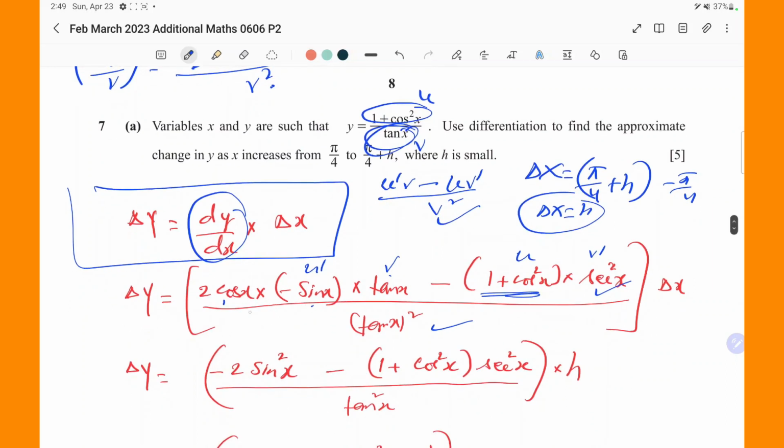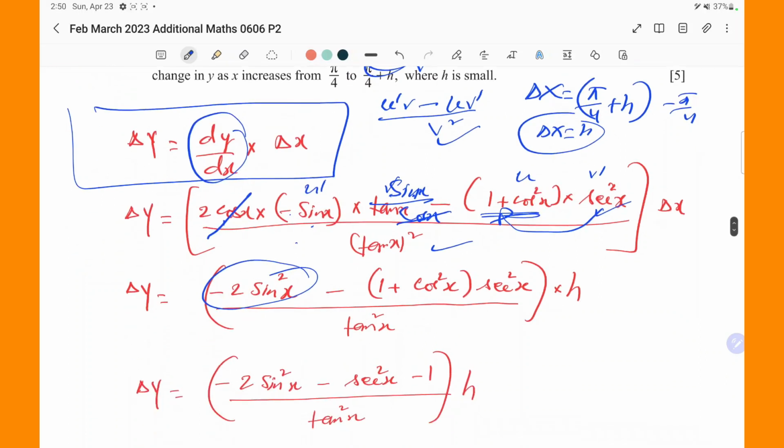Now it's very simple. Here we can write tan as sin x over cos x, and cos you can cancel. So sin times sin square, and minus 1 times 2, so minus 2 sin square you will get from here. Then minus 1 plus cos square times sec square.